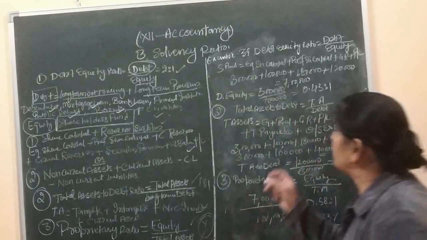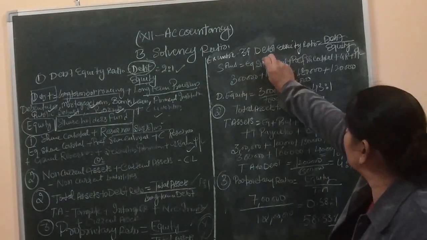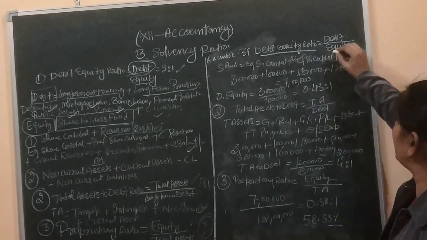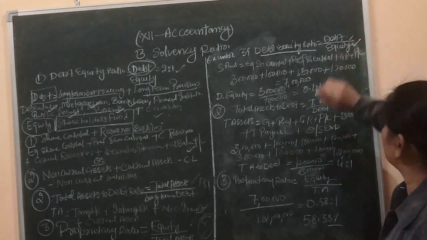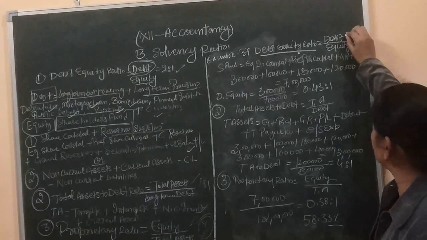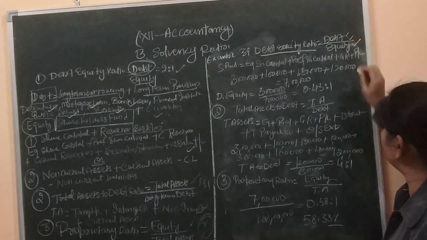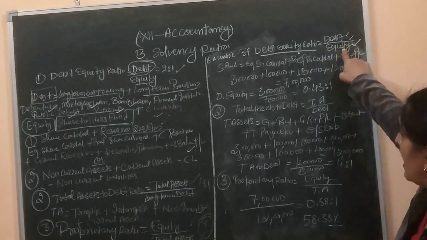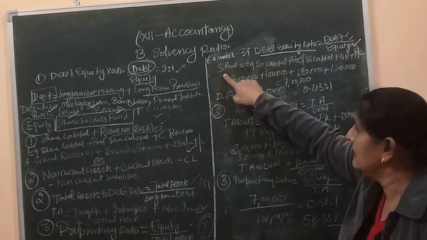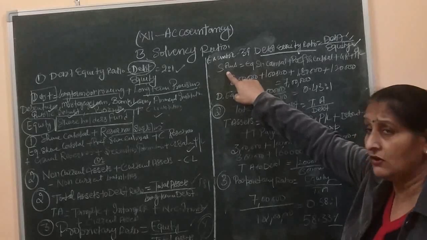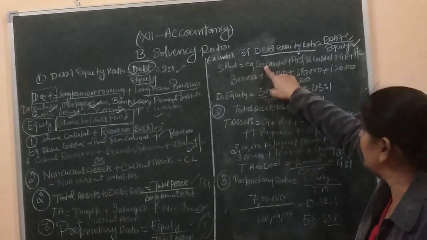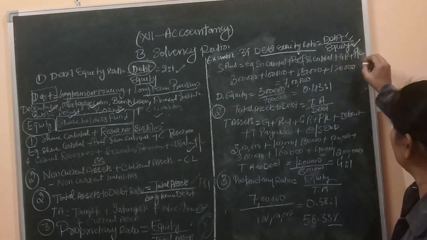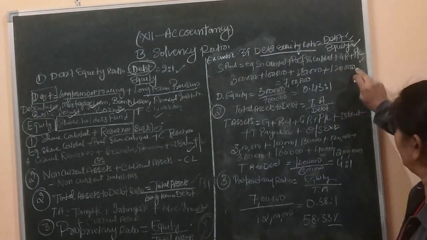So first of all, in example number 39 we have to find out the debt equity ratio, and the formula for debt equity ratio is debt upon equity. In the statement, the long-term debt is given as 8% debenture with rupees 3 lakh, and equity can be found out. Equity means shareholder fund, and shareholder fund in this example is equity share capital plus preference share capital plus general reserve plus credit balance of P&L account.